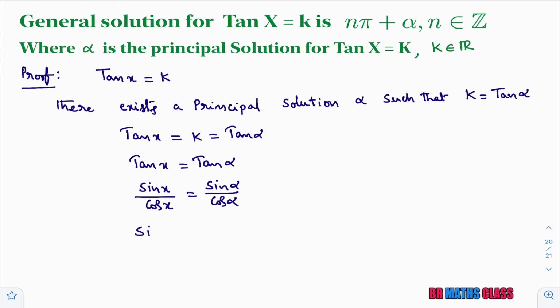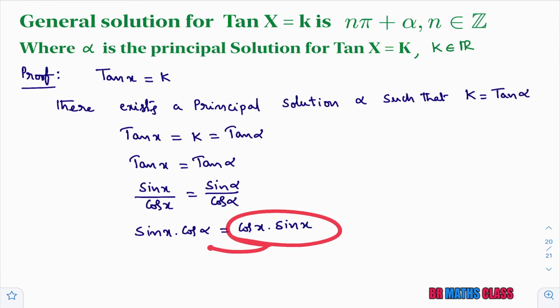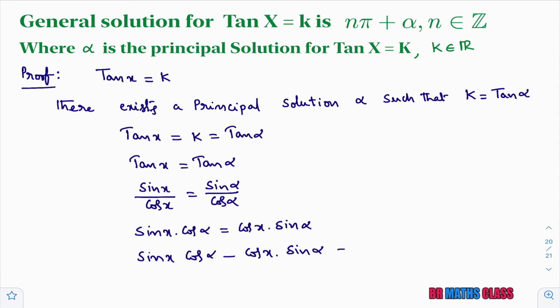Now you cross multiply, what you will get? sin x into cos alpha equal to cos x into sin alpha. Now this cos x into sin alpha, you take it to the left hand side part, what you will get? You will get sin x into cos alpha minus cos x into sin alpha equal to 0.